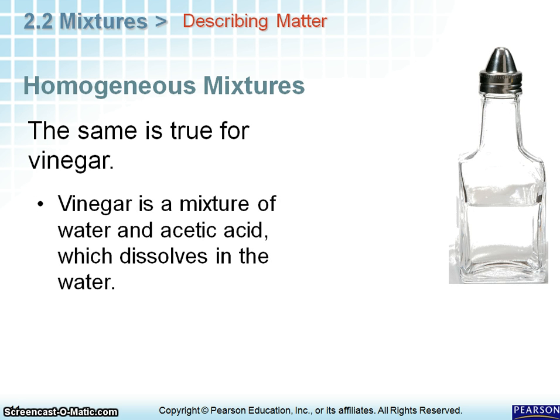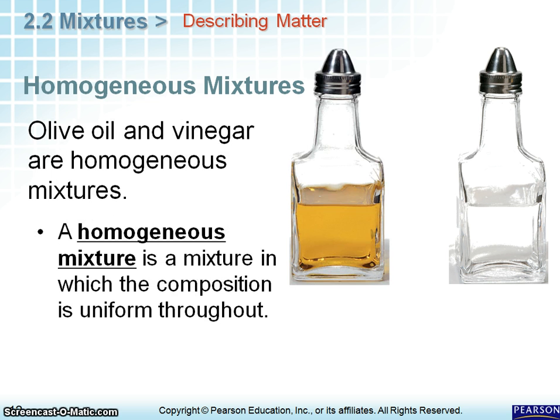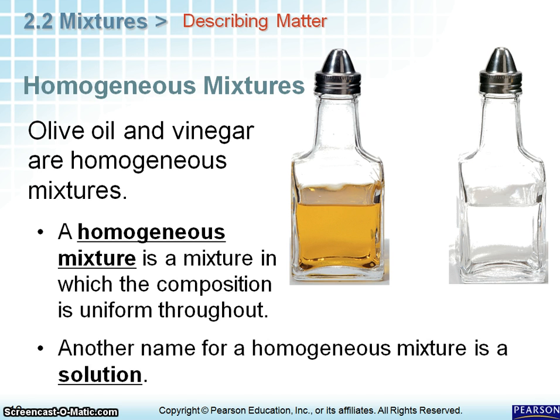Vinegar is a mixture of water and acetic acid, which dissolves in water. So here are two examples of homogeneous mixtures, and that is a mixture in which the composition is uniform throughout. Another name for homogeneous mixture is the solution. So that's what I was speaking about earlier when I first introduced it.